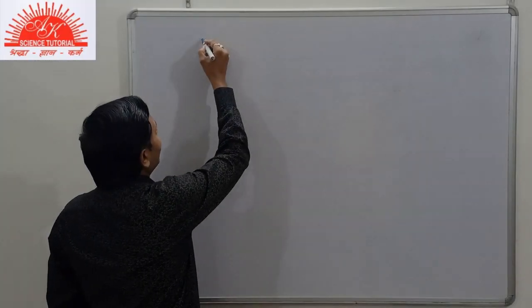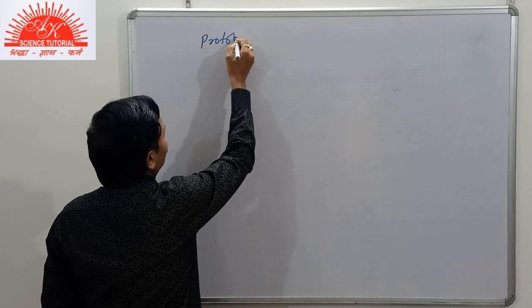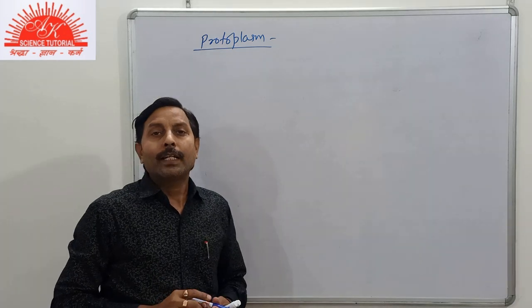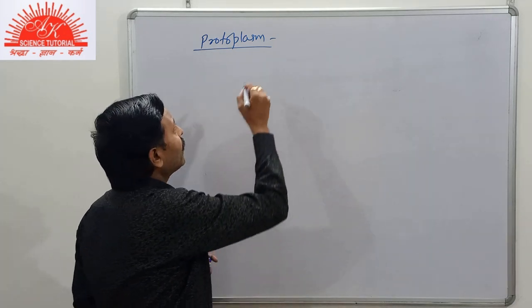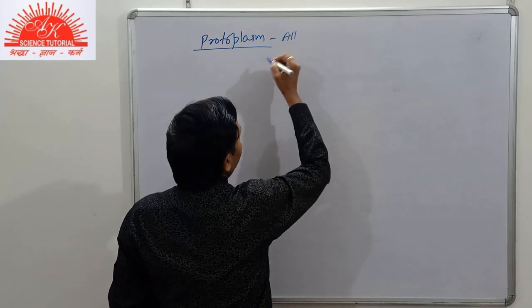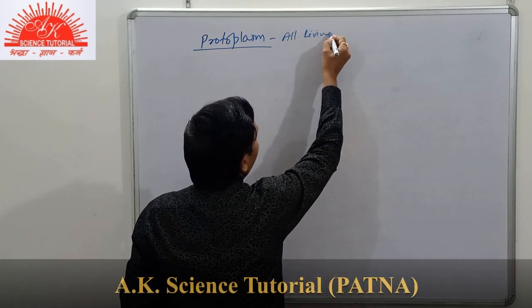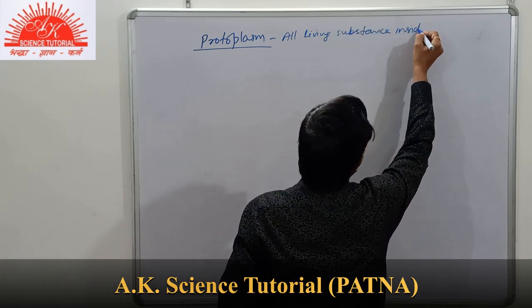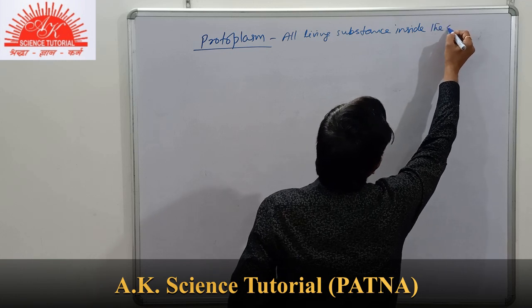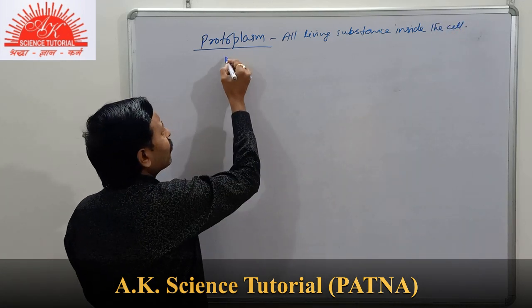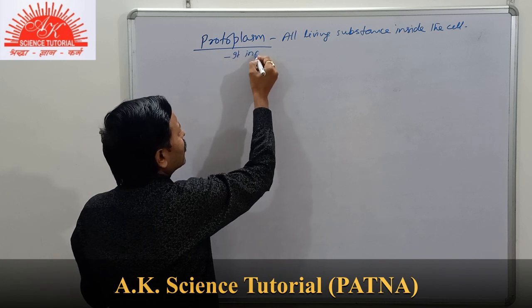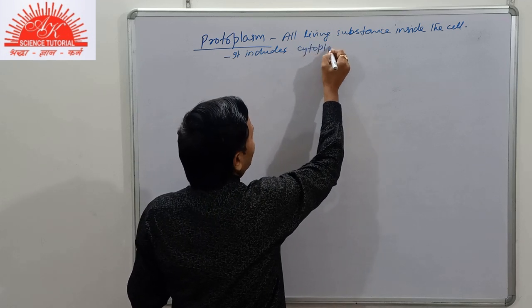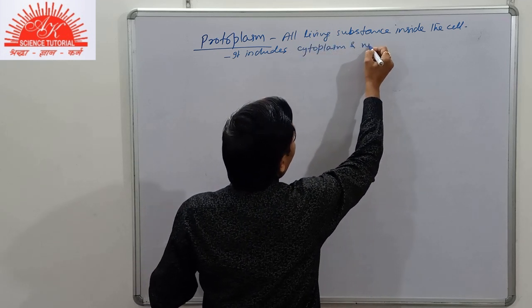Students, the next term is protoplasm. Protoplasm is the living substance inside the cell, that is, it consists of all living substance inside the cell. It includes cytoplasm and nucleoplasm.